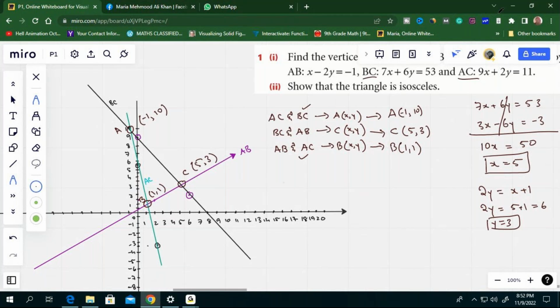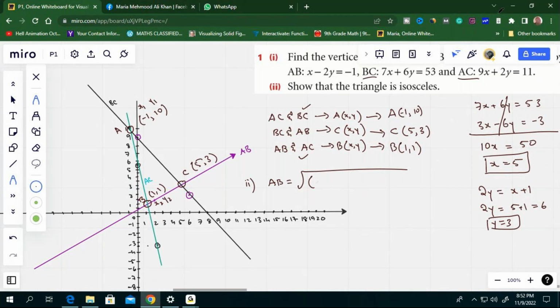Okay. Now in order to find out the distance of your AB, I'm just going to use my distance formula. And you know that well now, so there's no need to write it again and again. So my x1, y1 are the coordinates of my A, and B's coordinates are x2, y2 here.